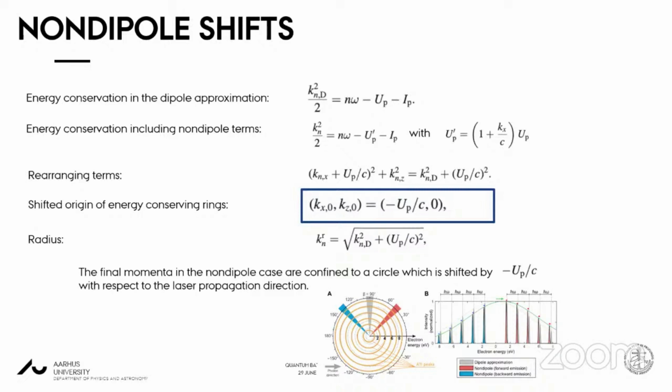So the physics is that the non-dipole contribution shifts the energy-conserving rings with a magnitude that is proportional to Up. If you have a big Up, you get a big shift of the rings. This is what they saw in the experiment.